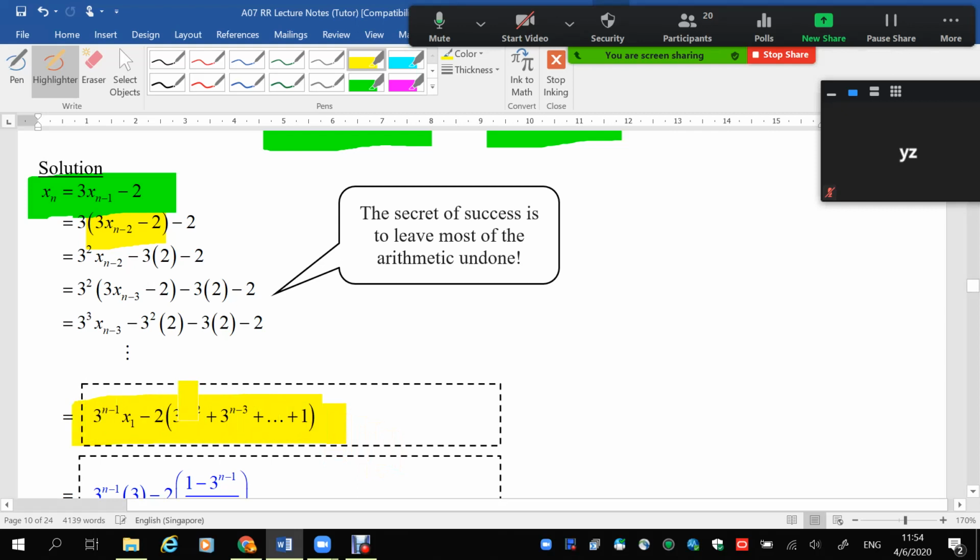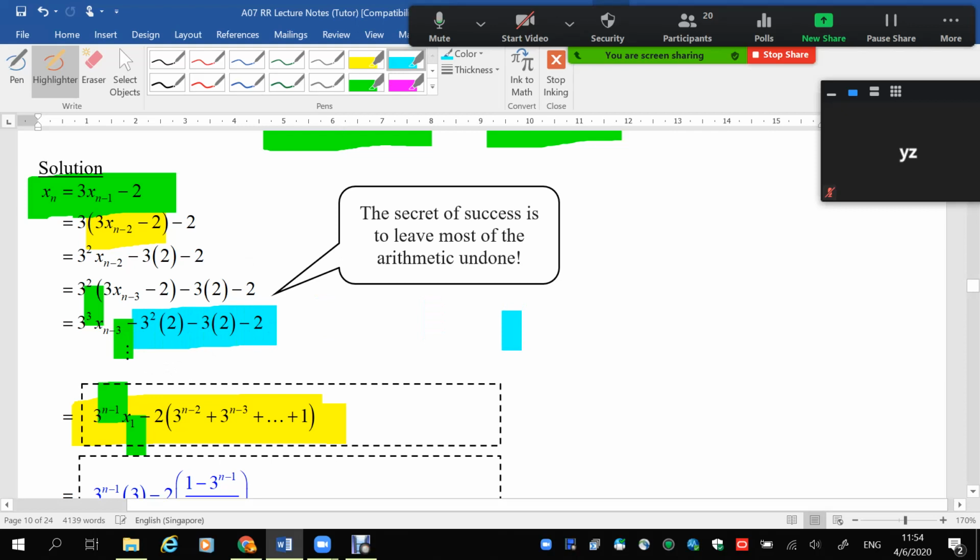Anybody needs me to explain the pattern? Of course, what you need to do is realize this is 3 and this is 3. In order for you to get 1, you must have an n minus 1 on top. And then there's a second set of pattern here. This is a clear-cut geometric progression.